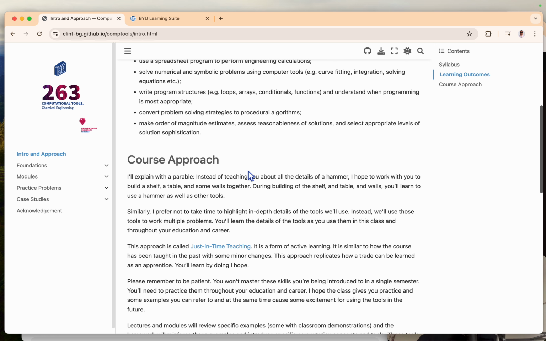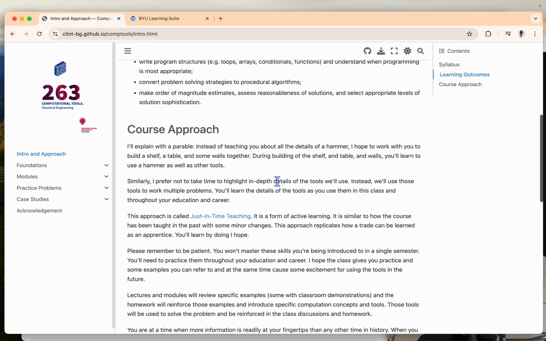I like to focus on not the hammer per se in terms of talking about computational tools. We all know what a hammer is, to hammer in nails and build things.